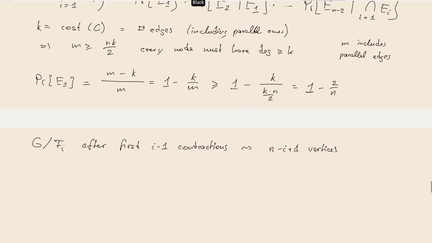So we're now considering the probability of the ith event, conditional on all the formers being true.